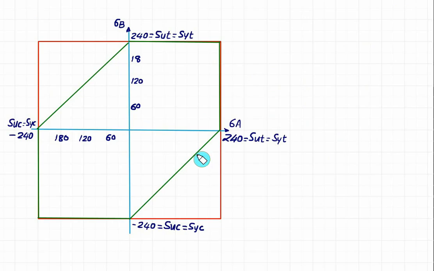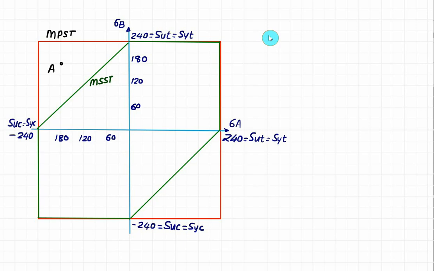Let me explain why. If we select a point here, point A, it is satisfied according to the maximum principal stress theory and the part is safe. But according to the maximum shear stress theory, point A is outside the fence and therefore it will fail. For point A, we have sigma A equal to minus 180 and sigma B equal to plus 180.